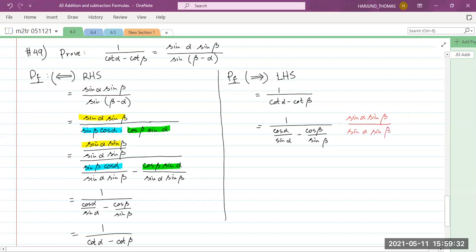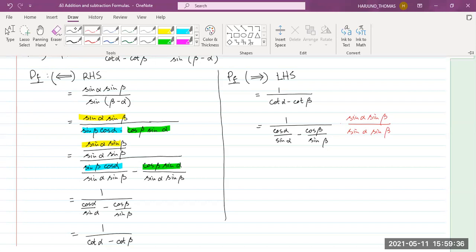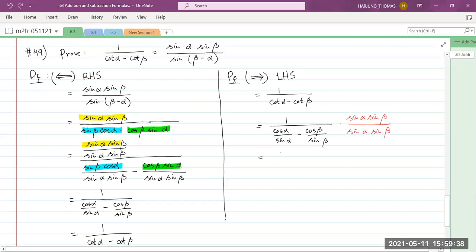And that's actually a common practice. If you have complex fractions, multiply by the LCD first, such that on the top I have sine alpha sine beta. At the bottom, sine alpha cancels, and I have cosine alpha sine beta minus cosine beta sine alpha.